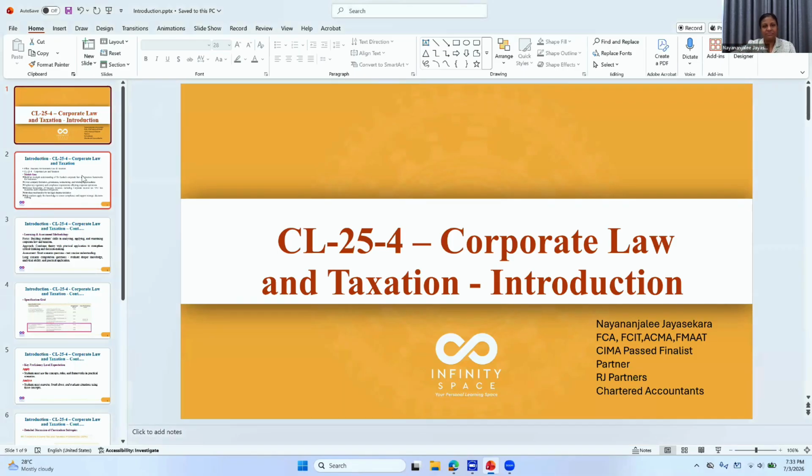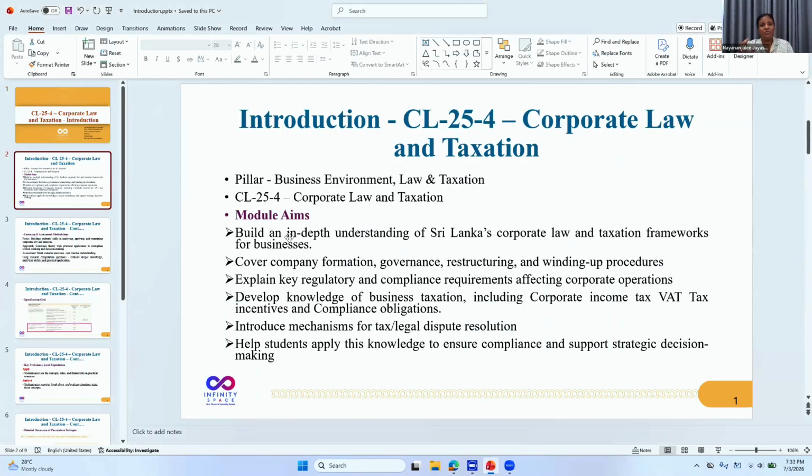This is your pillar, and from the module, what is aimed for the students. You are targeting your exam in December 2026, with the 25-26 year of assessment for the tax part.